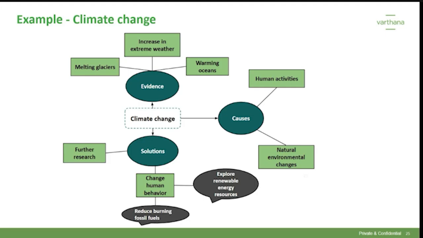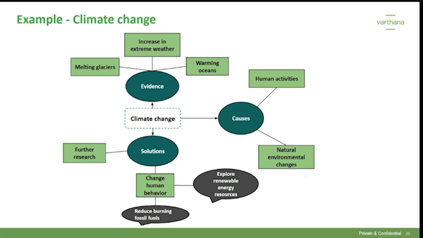The evidences are like oceans are warming, there is an increase in extreme weather conditions, the glaciers are melting, increase in temperature, etc. Then the possible solutions we can provide: we can do further research, and we can also change our behavior. We can develop renewable energy resources and reduce burning fossil fuels.